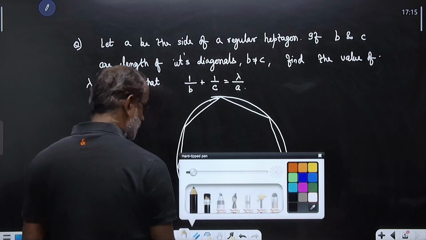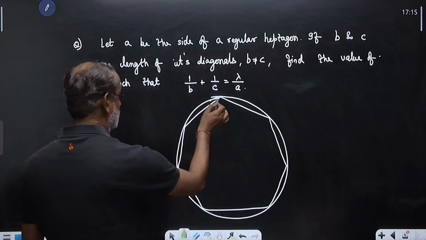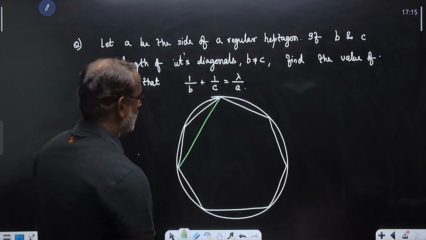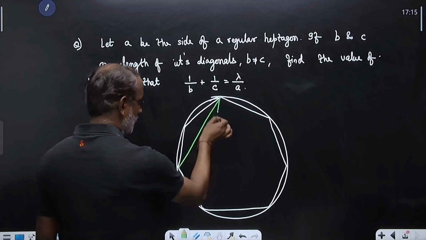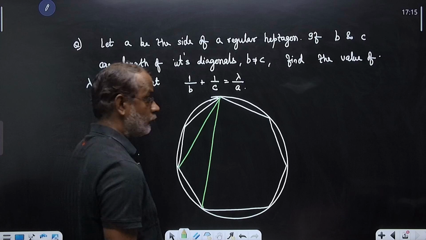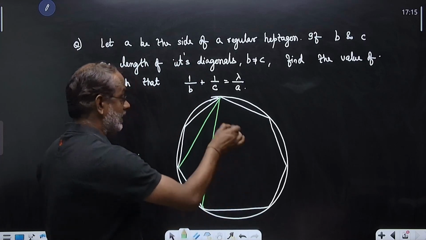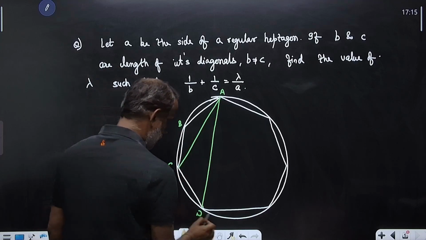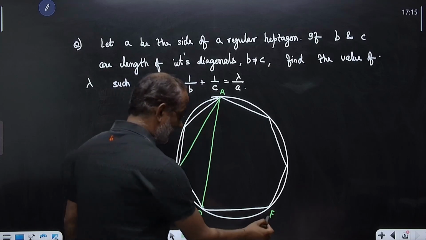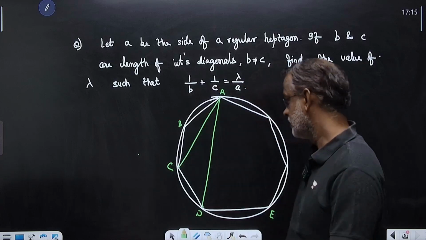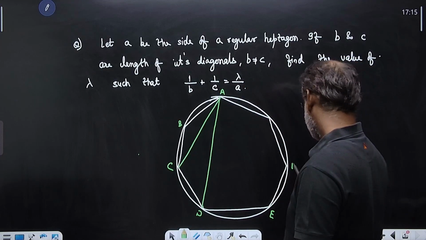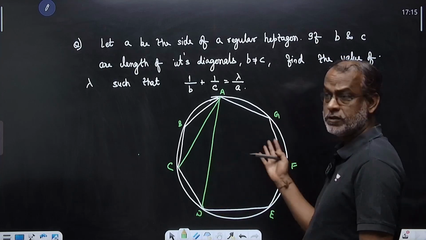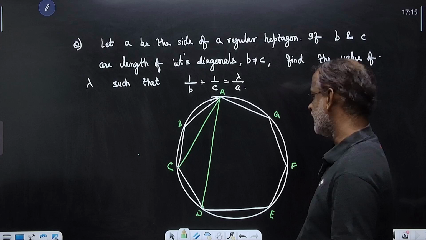You can understand possibly that the possible lengths of the diagonals are b and c. And I hope you are able to reconcile to the fact that, suppose this is A, B, C, D, E, AD and AE are of equal length. F, G. And AF and AC too are going to be of equal length because of the symmetry. I think you can very easily understand.